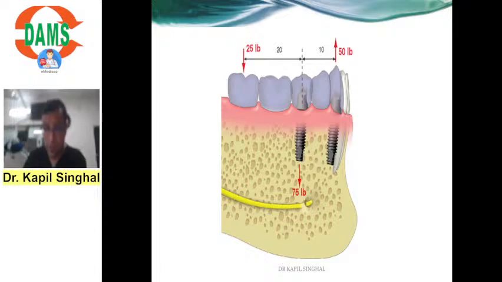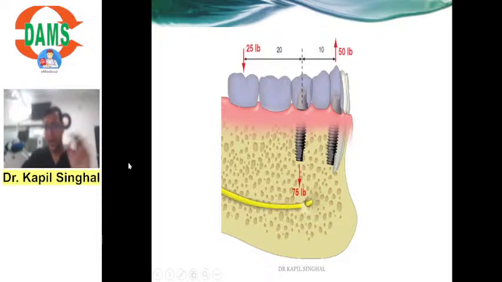Suppose the patient bites with a force of 25 pounds. Now this 25 pounds force times the mechanical advantage, which is 2 here, will be the amount of force that would be applied on the mesial most implant. Now this 50 pounds plus 25 pounds, the sum total of these 2 forces, will be the amount of force that will be applied on the distal most implant.